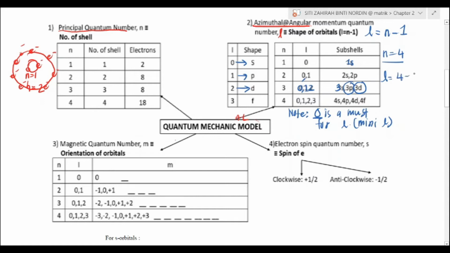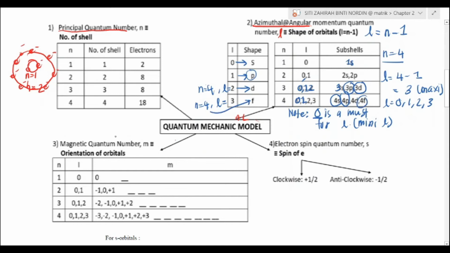That would be 4 minus 1, which is 3. 3 is your maximum L, so your L would be 0, 1, 2, 3. When n equal to 4 and L equal to 0, that would be 4s. When L equal to 1, there would be 4p. When L equal to 2, there would be 4d. And when L equal to 3, that would be 4f.